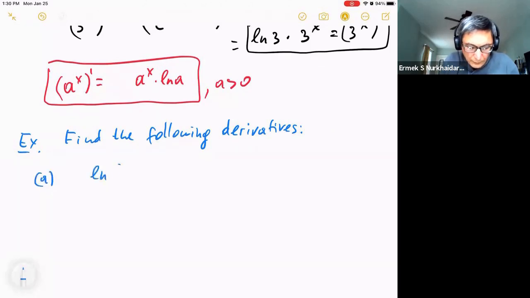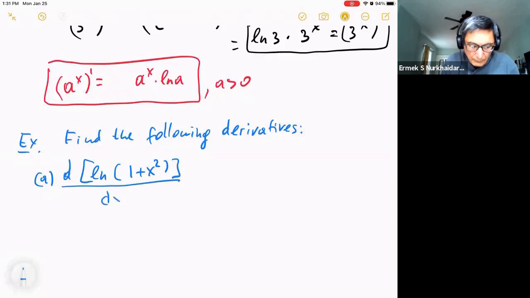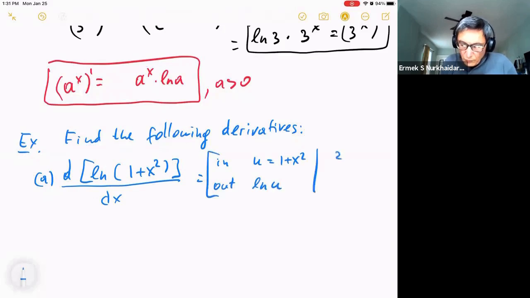Say, ln of 1 plus x squared, and we want to take its derivative. So here we have inside function u equals 1 plus x squared, outside ln u. So the derivative of the inside will be 2x, the derivative of the outside, the derivative of natural log, is 1 over u. So with the chain rule, we're going to get 2x over 1 plus x squared.